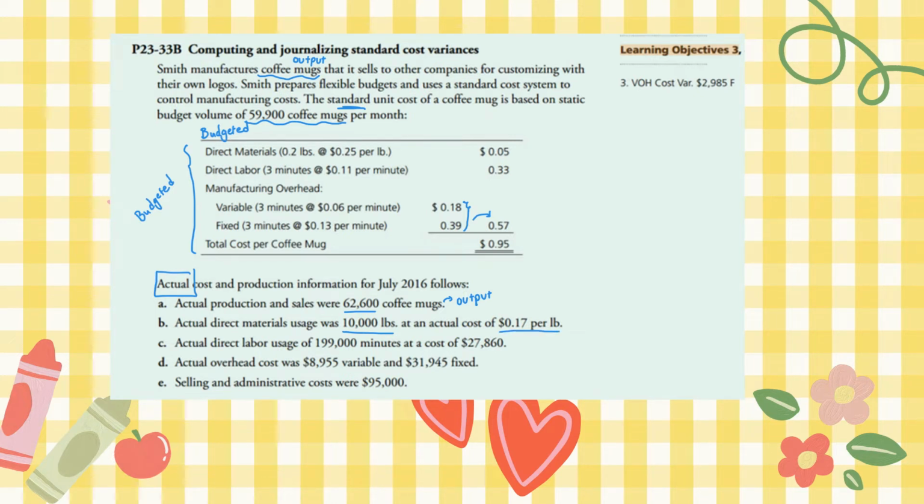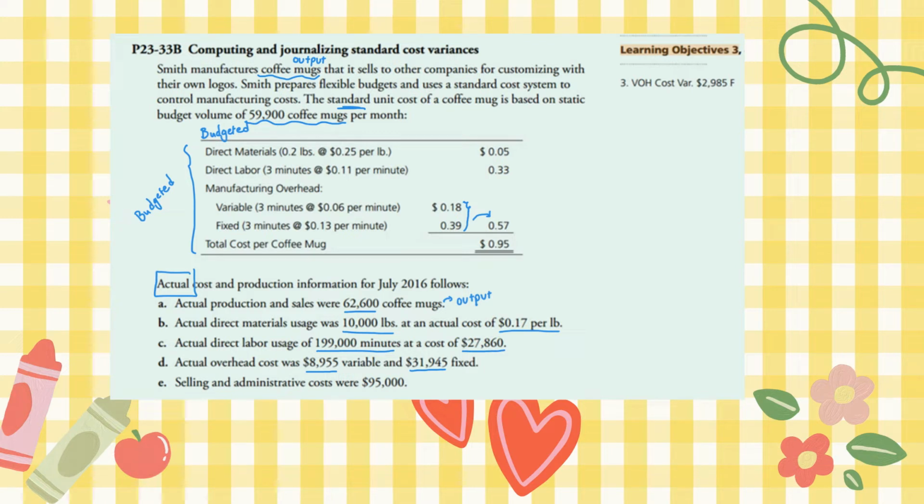Actual direct labor usage of 199,000 minutes at a cost of 27,860. He gave you the total, not the per minute cost. Actual overhead cost was 8,955 for the variable, 31,945 for the fixed. Selling and administrative costs were 95,000. I'm not going to use this one.